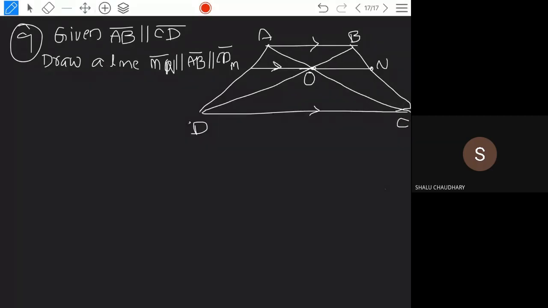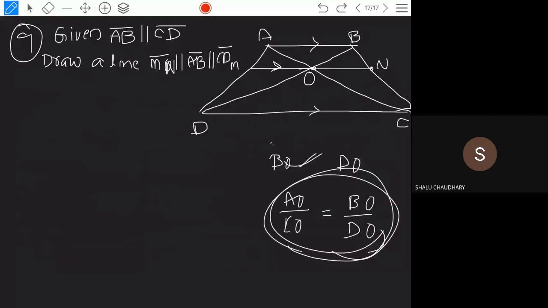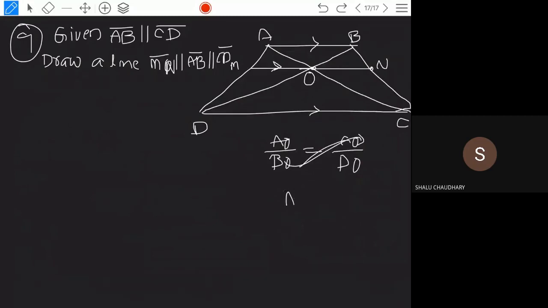Actually, this is not necessary. It is not necessary to take MN, but some students may get confused. That's why I have given MN here. Did you get my point? If only MO is taken, that is enough for you. If you take MO like this, you will also get the problem. But some students may get confused. That's why I have drawn it like this.